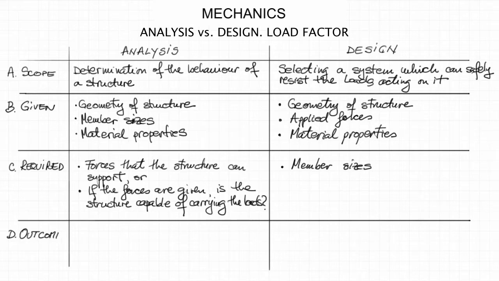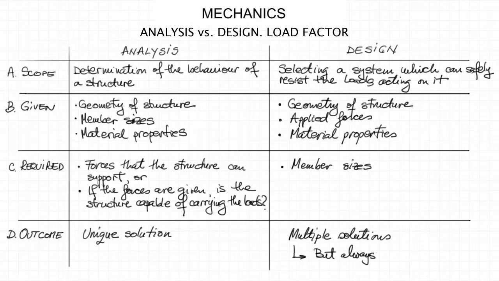The outcome of these two problems is a unique solution for any analysis. So either the result are magnitudes of forces that can be carried by the structure, or whether the structure is strong enough to carry the loads or not. However, for a design question, one can obtain multiple solutions that all of them will be good in the sense that the structure will be able to safely carry the loads.